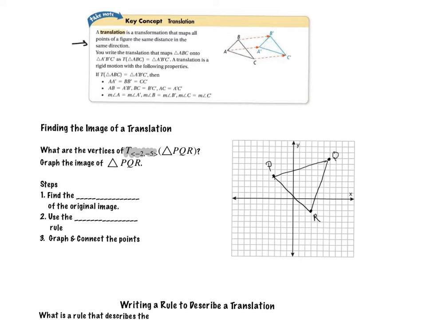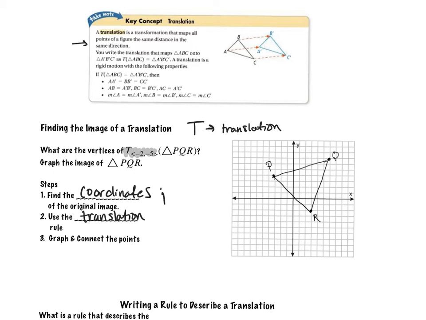This capital T here means translation. First I want to find the coordinates of the original image, use the translation rule, and then graph and find the points of the other one.